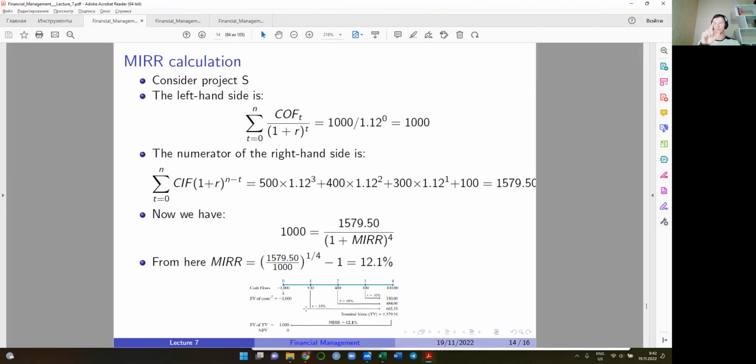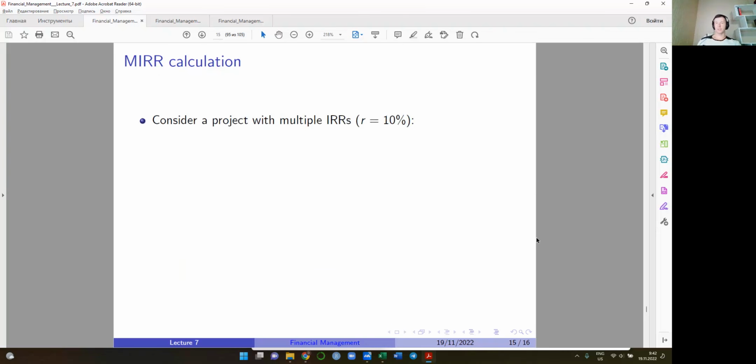All positive inflows go further forward to the future. And then we kind of connect them through the modified internal rate of return. In order to show that this measure is robust, we compute MIR for a project with multiple internal rates of return that we have seen recently.